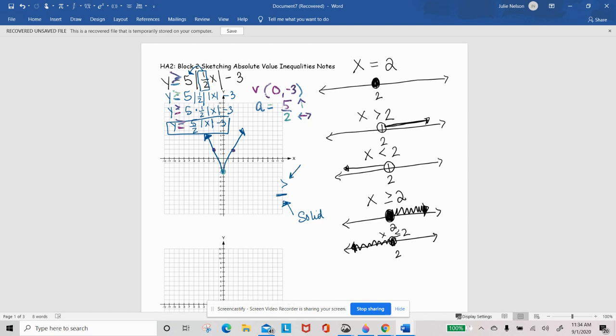And this symbol greater than, numbers that are bigger than, means you're going to shade above. And so when I shade above, I always start at the vertex and then I shade above.